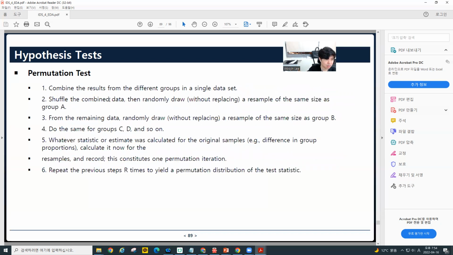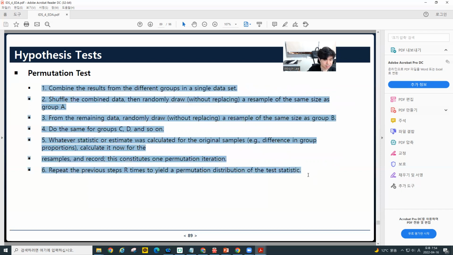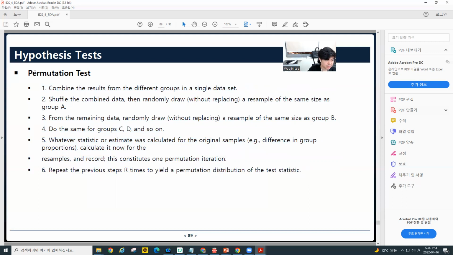That is what we are always interested in. So this is the algorithm and procedure of a permutation test.